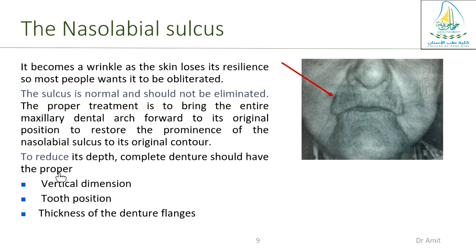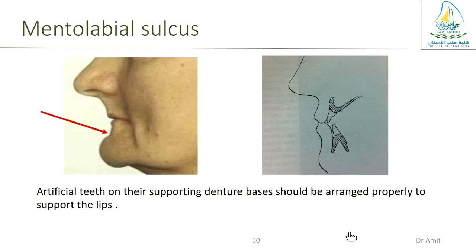Vertical dimension comes later, but I am just placing it here so that you know that when you want to reduce the depth of the nasolabial sulcus, these are the factors you need to consider when making your complete dentures. In the practicals also, the doctors will be discussing these anatomical landmarks for at least 2 weeks, so again a discussion will be done for you on all these anatomical structures.